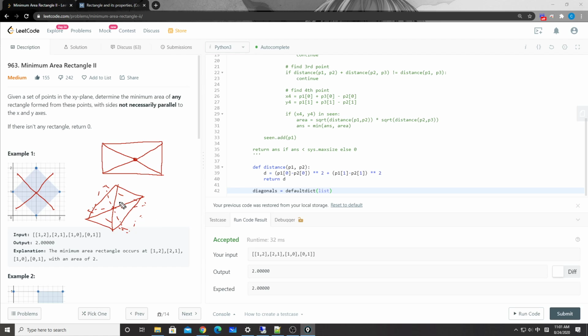So with the same center point and the same length of diagonals, we're going to store the point pairs in the same list so that later on we can simply loop through the pairs with the same key.